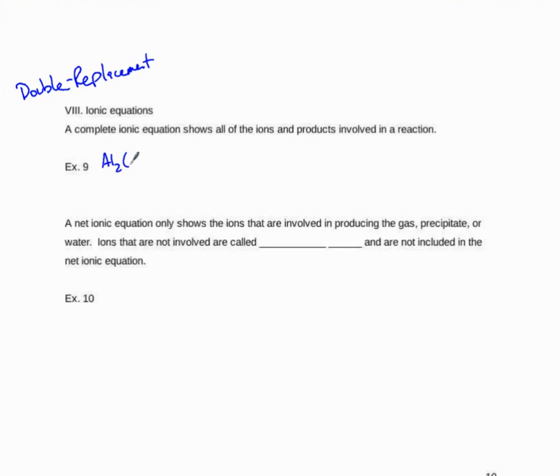So we have a double replacement reaction between aluminum sulfate, Al2(SO4)3, and sodium hydroxide.